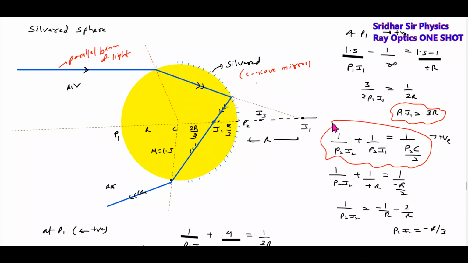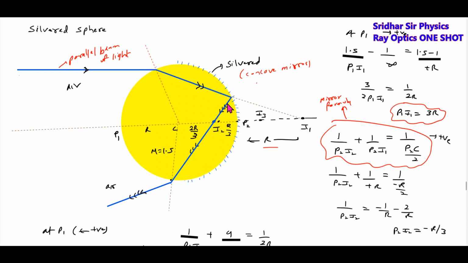This is the mirror formula. 1 by P2I2 plus 1 by P2I1 equal to 1 by F, that is 2 by R. What is P2I1? P2I1 will become equal to 2R by 3. Substitute. Focal length of this will be R by 2. Solve it. P2I2 equal to minus R by 2. So the image will be formed here.